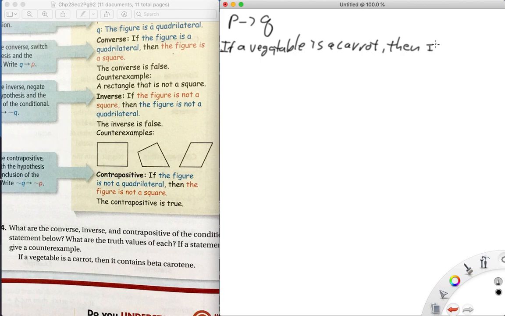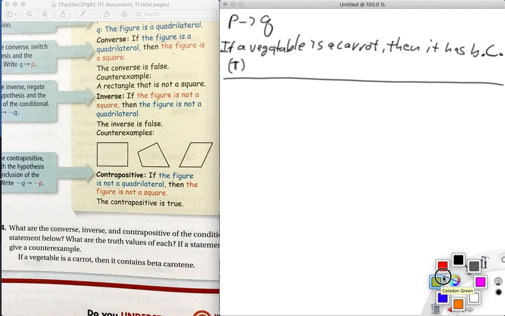I'm going to use BC for beta carotene to save space. We're going to say that this is true. I have a carrot. A carrot always contains beta carotene, so it's true.